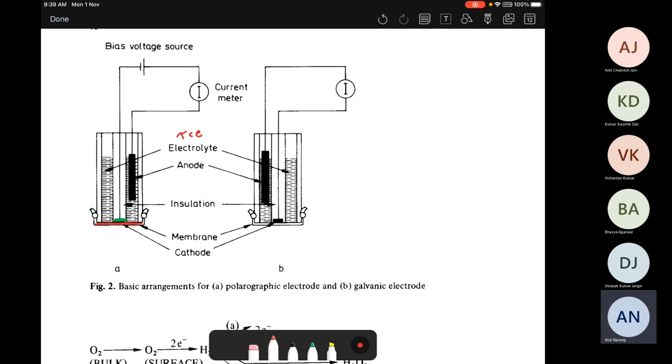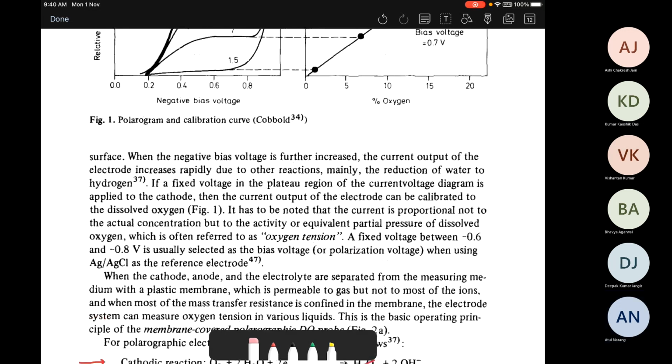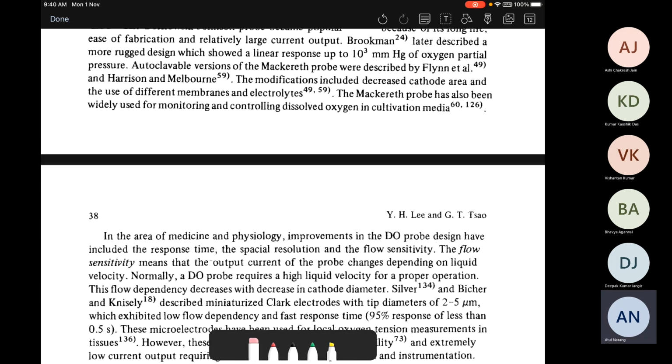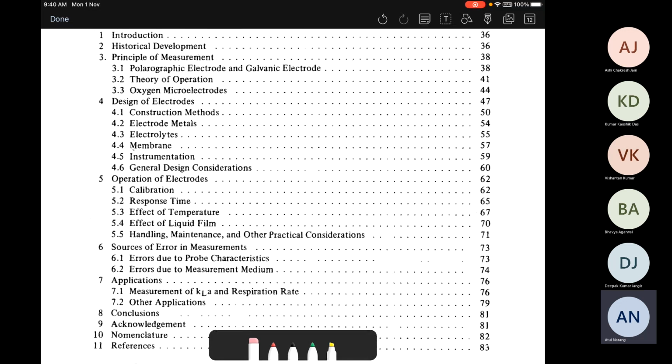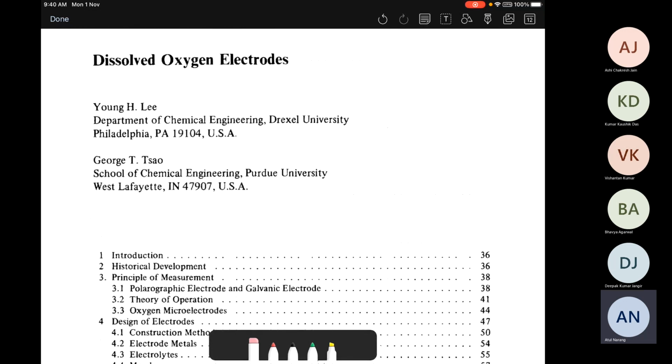But I need to tell you a little bit about why it works and what is the purpose of this battery over here. Why do you need this battery over here? So first of all, is this part clear? This is actually taken from this reference. The reference I should write down.